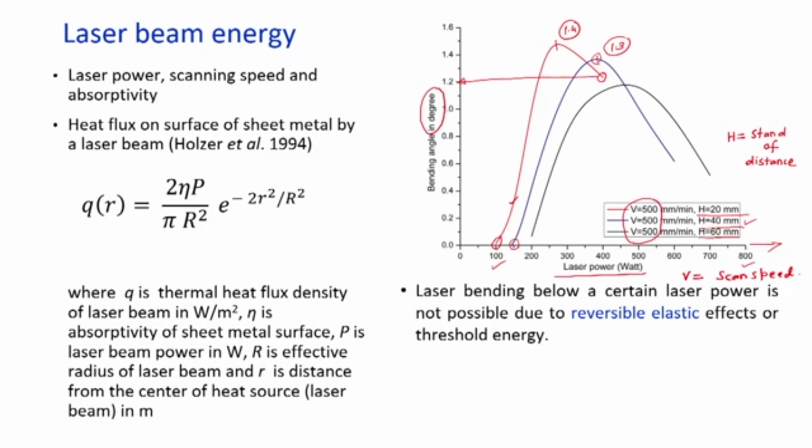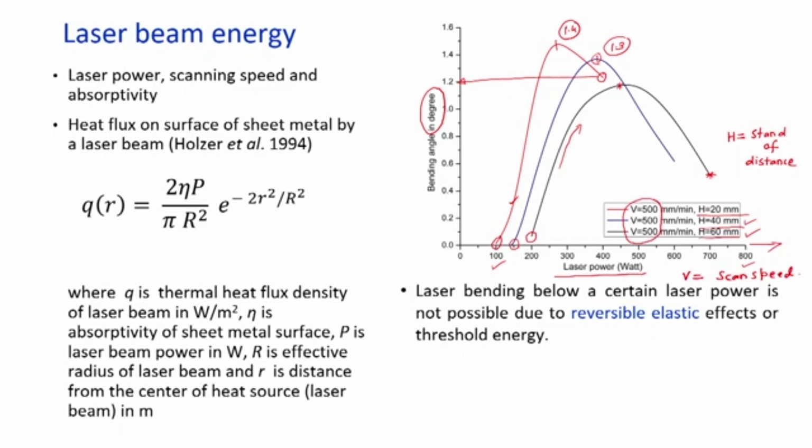But then it reduced as we increased the laser power to 400, 500 and further to 600 watt. Then again we tried another trend for h is equal to 60 mm. We got a similar observation. For 200 watt there was a very small bend angle recorded. The bend angle increased with increase in laser power, it attained its peak over here, and then again it reduced. This is a peculiar characteristic that we noted, and what is the reason for that?